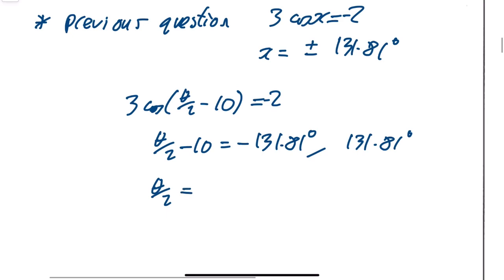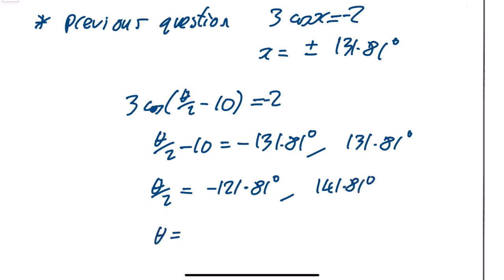So do this in 2 steps, which is where a lot of people make mistakes. The minus 10 comes across and then adds, so that's going to give you minus 121.81 degrees, or it's going to give you 141.81 degrees, and then multiply across by the 2, and that's going to give you minus 243.62 degrees.